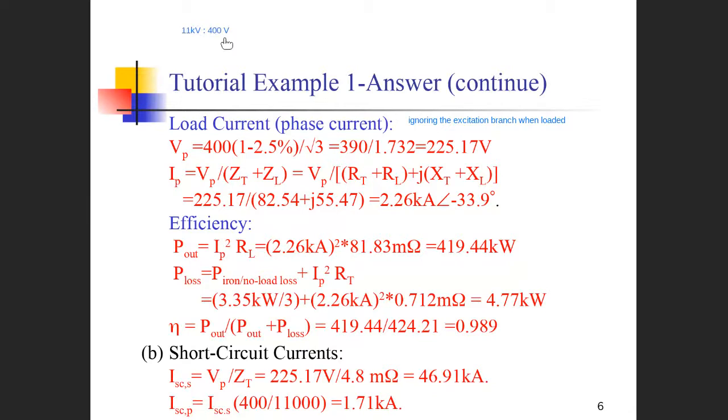Okay, so now the primary is maintained at 11 kV. With the transformation ratio, the secondary is maintained at 400 volts.